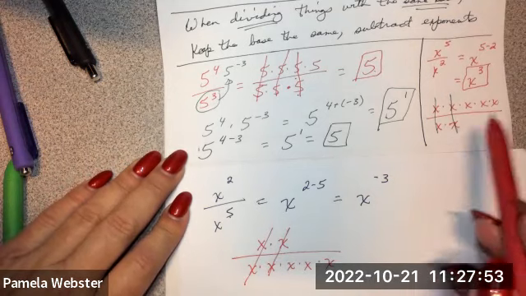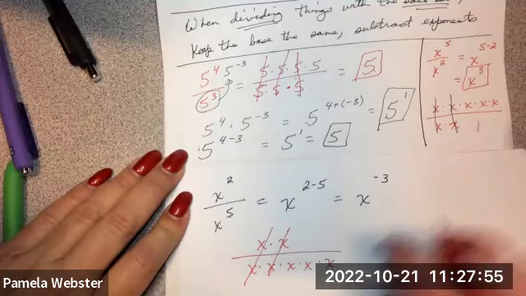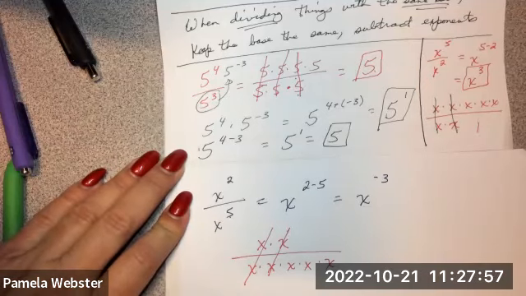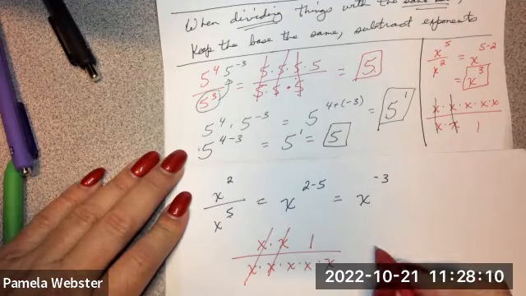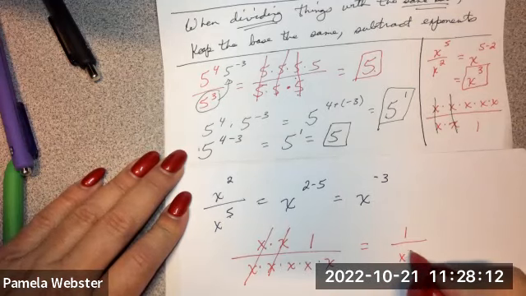So it was really a 1 down here. I just didn't write it because I know anything divided by 1 is that thing. But here I'm going to need a placeholder because everything on top went away, right? So I need a 1 up there to say it's not just over x to the 3rd, it's going to be 1 over x to the 3rd, right? Because there's 3 left over.